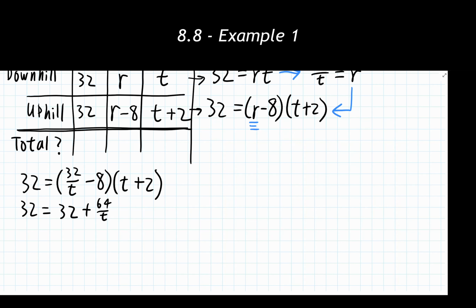We're then going to multiply negative 8 through to t and negative 8 through to 2. That's going to give us negative 8t minus 16. I'm going to combine like terms on the right-hand side of this equation. I'm getting 64/t minus 8t plus 16. I just added 32 and negative 16 together.